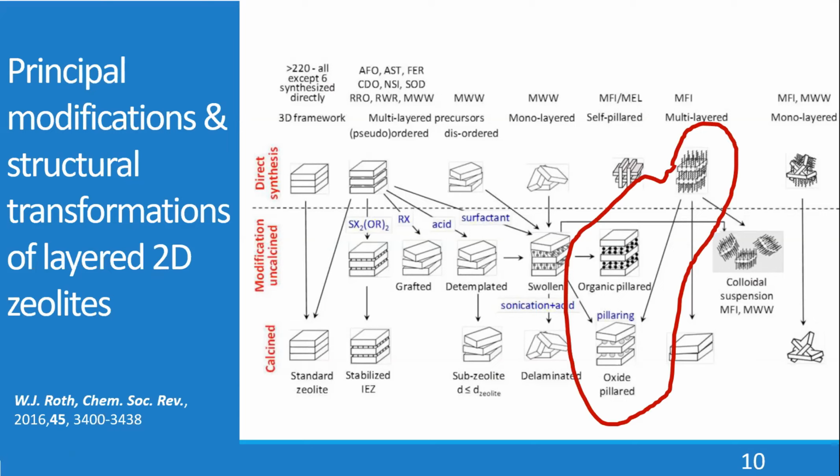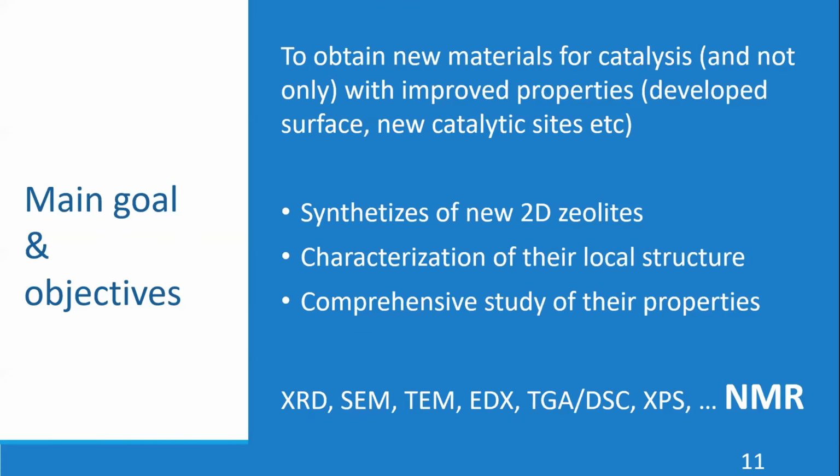And these are materials that are synthesized by self-assembling methods in the presence of an organic structure-directing agent. So the main goal of our study is to obtain new materials for catalysis, and not only with improved properties.